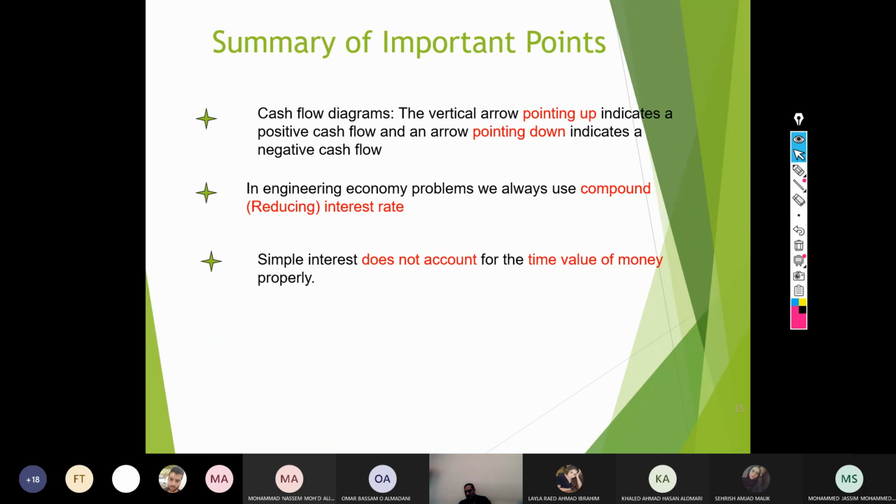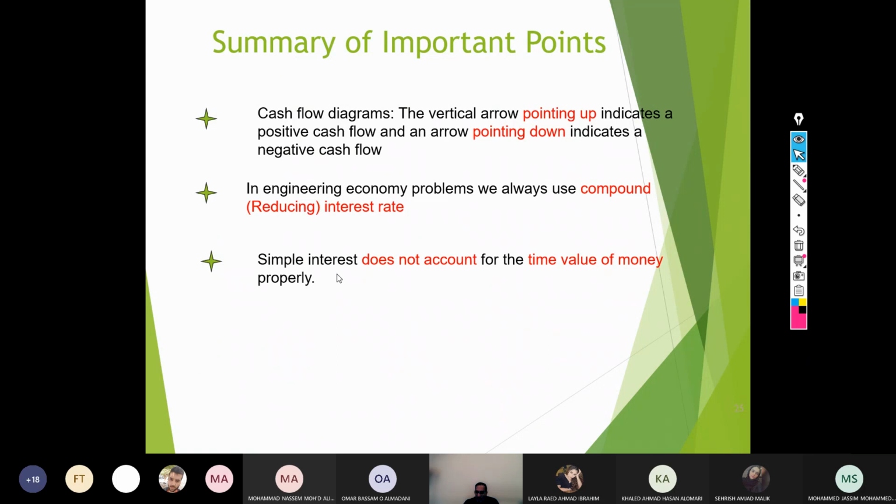As you can see, and this is the end of this chapter, it was very light. What we studied is the following. I'm just going to wrap it up. The cash flow pointing up means income, means receipt. Pointing down indicates negative. The importance of difference. We are always, in the economy, will always use compound known as reducing interest.